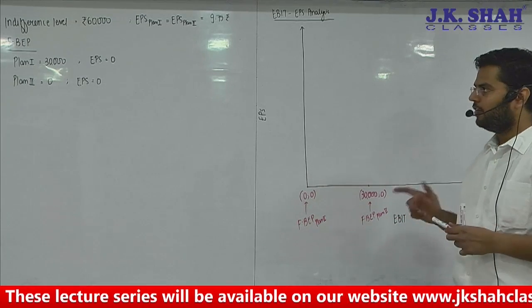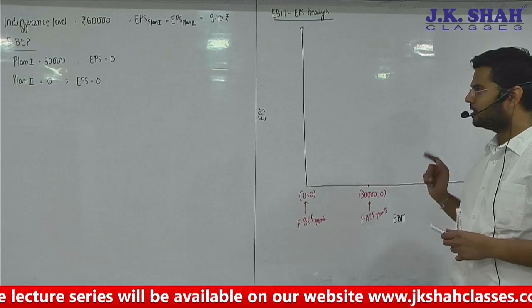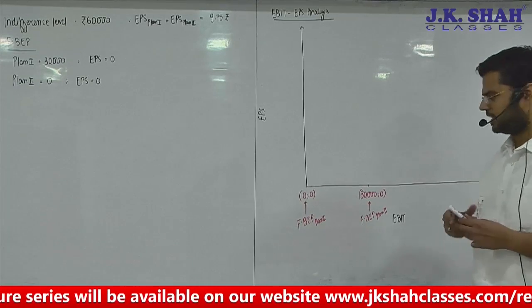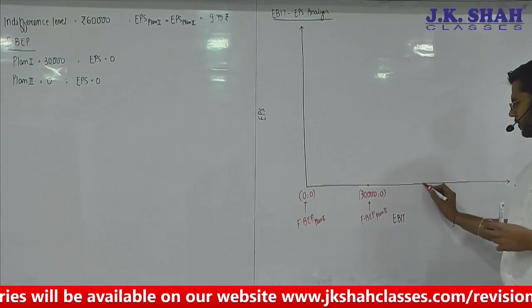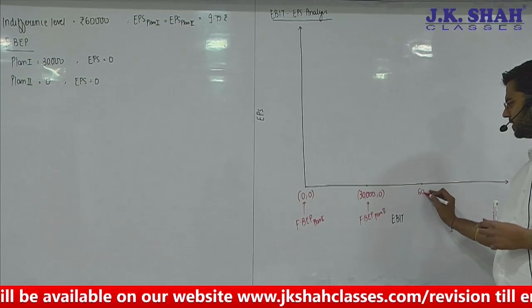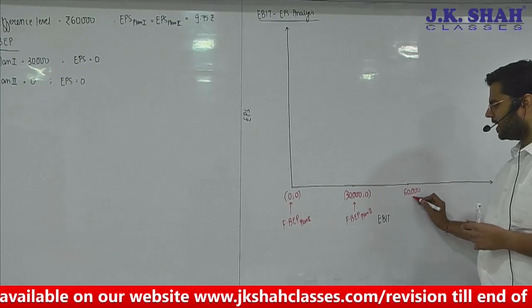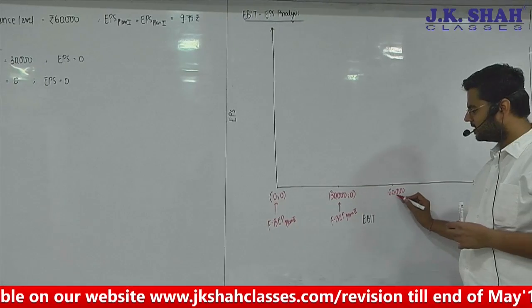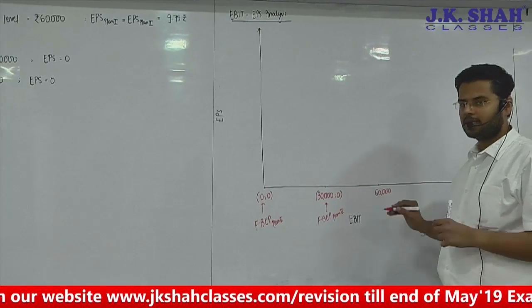Now, if you look at the third level, that is the indifference level. Now that is again a level of EBIT only, so that is 60,000. The speciality of this level is what? At this level, both the plans will give me the same EPS.